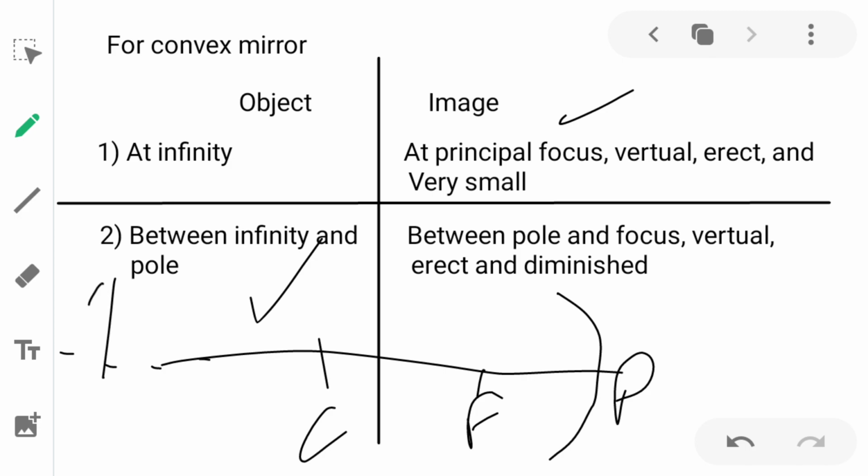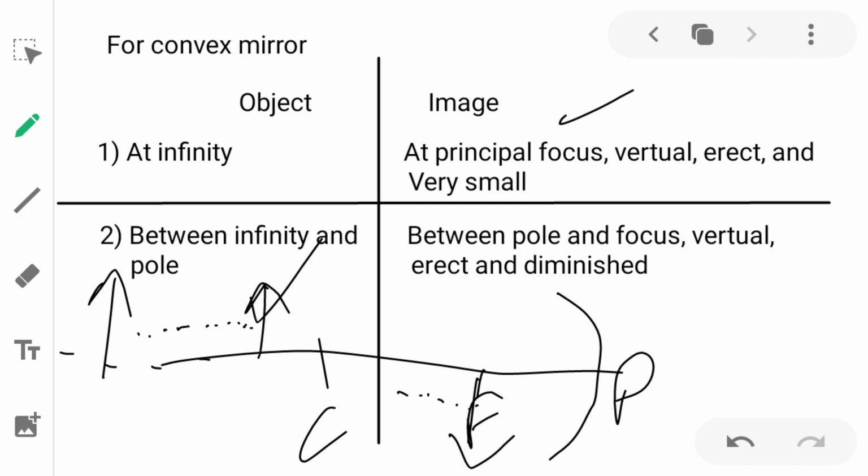If the object is at infinity, the image is at F. As you move the object towards the mirror, beyond C, the image moves away. Both object and image move opposite to each other. If the object is taken nearer to the mirror, the image will be away from the mirror. If the object moves away from the mirror, the image moves towards the mirror.